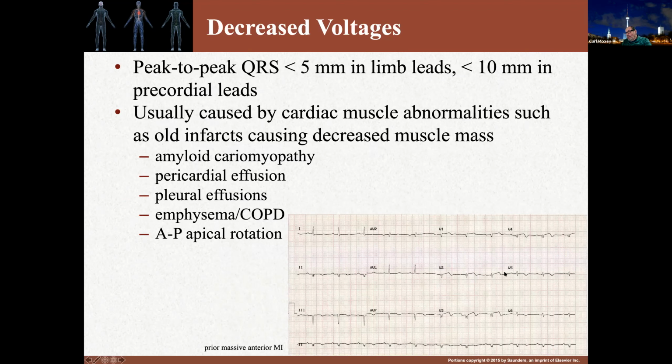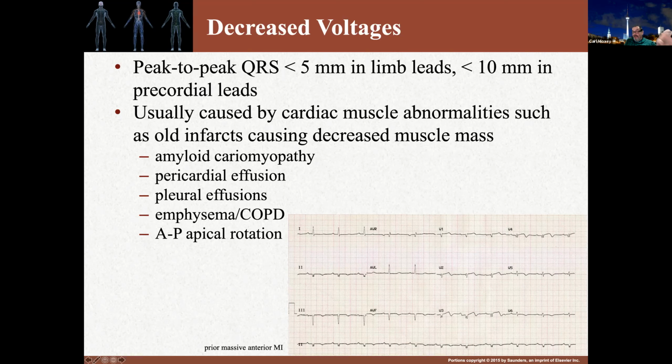Look at these precordial leads. Minuscule voltage here. This is usually caused by abnormalities in the heart, such as a previous myocardial infarction, which results in a diminution in the amount of muscle that's there.